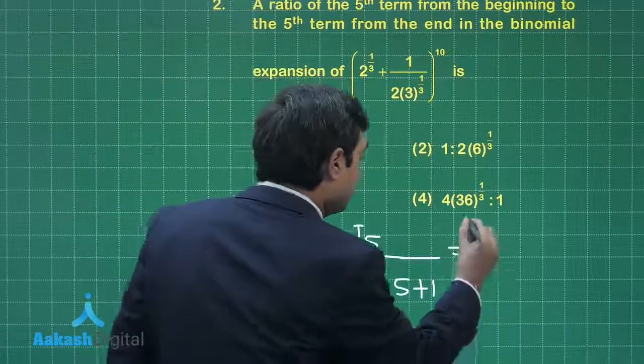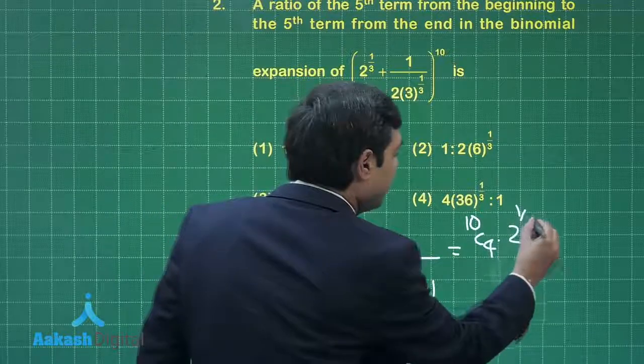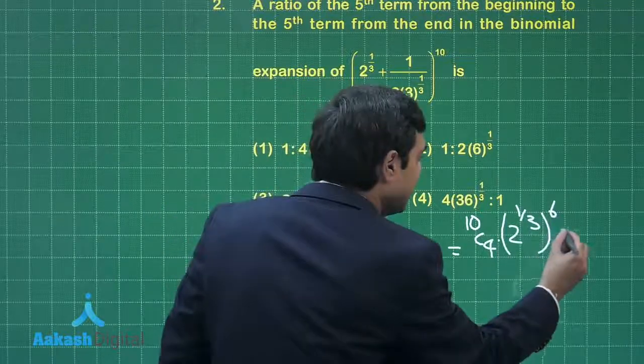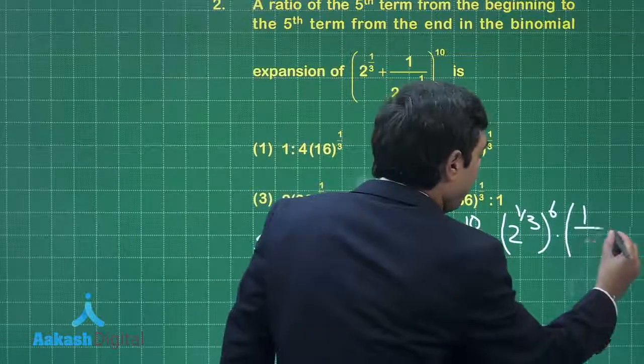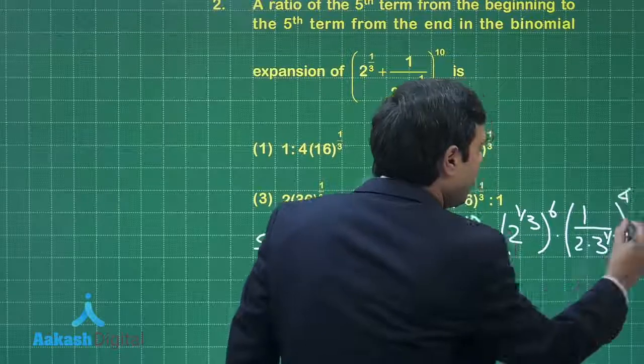So this gives you 10C4 into (2 raised to the power 1 by 3) whole to the power 6 into (1 upon 2 into 3 to the power 1 by 3) whole to the power 4.